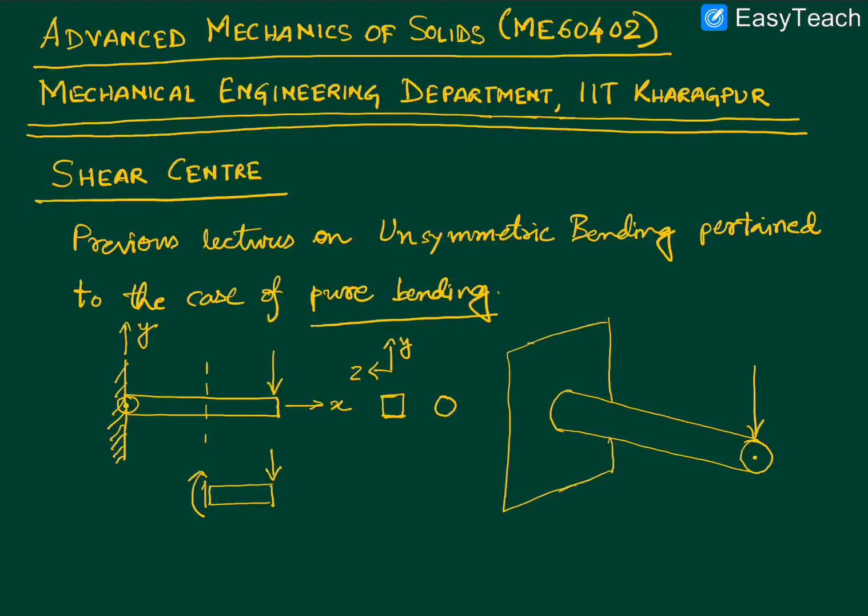So what we mean by that is that this force is going to induce a torsional moment which will make this beam twist around this longitudinal axis. Well, it seems fairly simple to understand, but let us try to probe this idea a bit further.